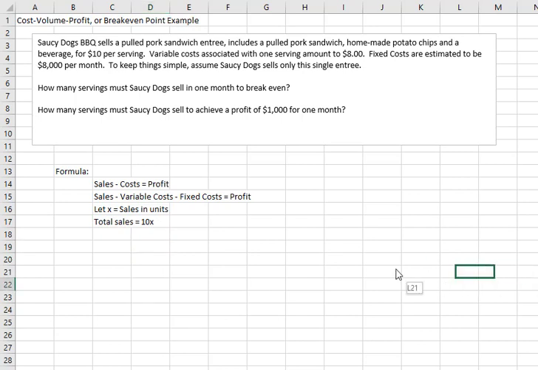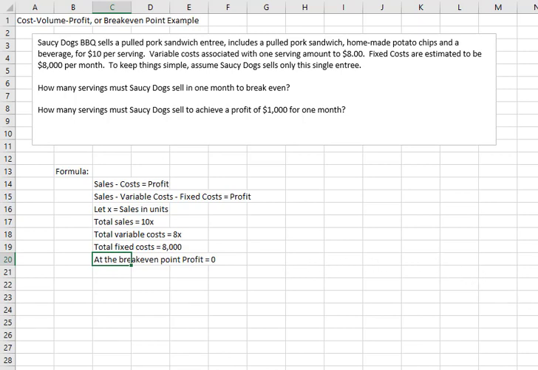By the same token, total variable cost would be 8x, and we know total fixed costs are estimated to be $8,000, and at the break-even point, profits are zero.